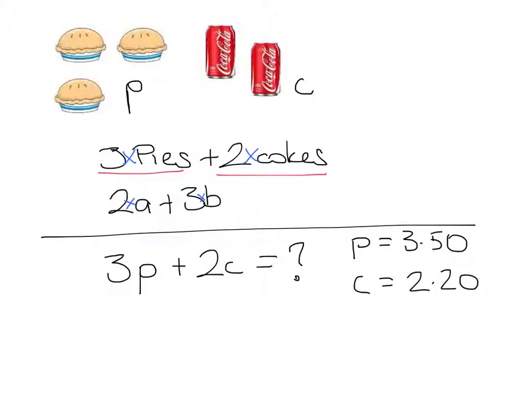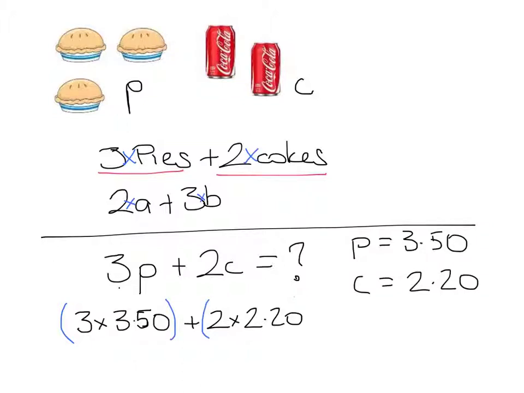So we're going to expand each side of the equation. 3P equals 3 times 350 plus 2 times 220. I'm going to put some brackets around these just to contain each part of the equation. We've got to work out what it equals. We do it by working out the value of each bracket before we add them together.